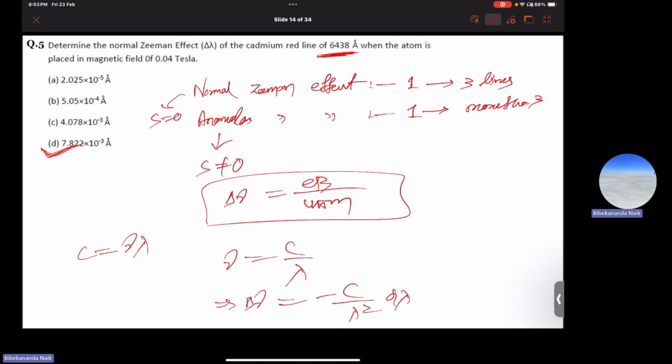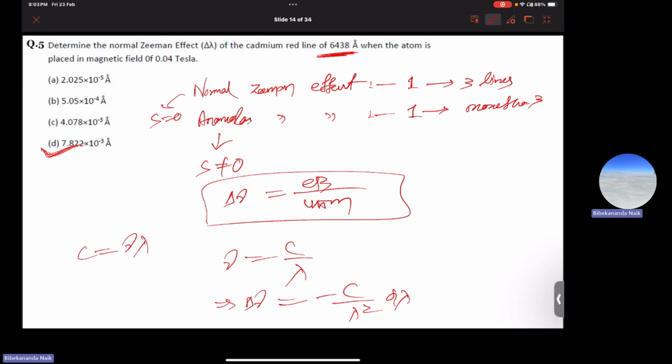In the case of the normal Zeeman effect, why does this Zeeman effect appear? We know when the electron moves in an orbit around the nucleus, then due to its motion it acts as a magnetic dipole, and corresponding to the magnetic dipole we have a magnetic dipole moment.